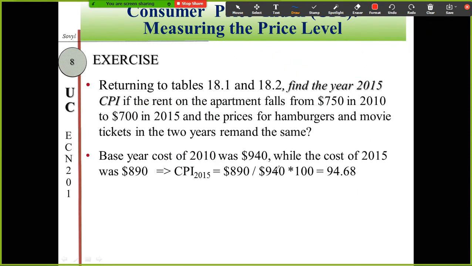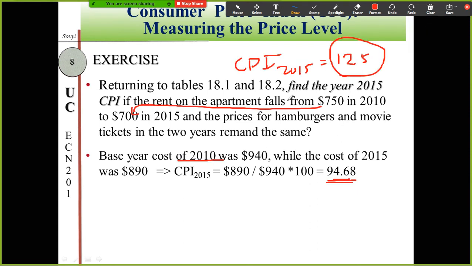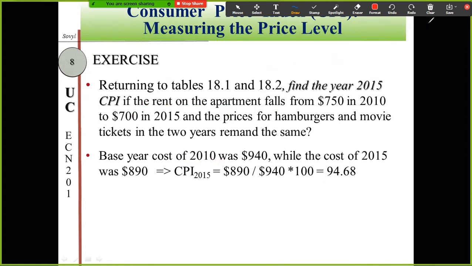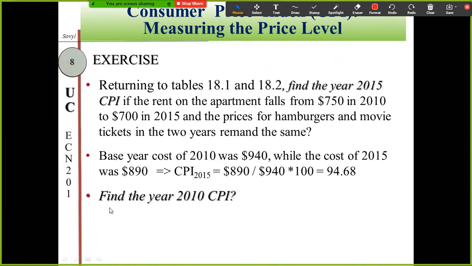Again, the CPI for 2015 based on the previous slide was 125, but now it is only 94.68, or maybe 94.7. Anyway, it has meaning, but we will see later on. When the CPI goes up, what does it mean? When the CPI goes down like this one, what does it mean? This is the way we find the CPI for 2015 when the apartment rent is cheaper than before.